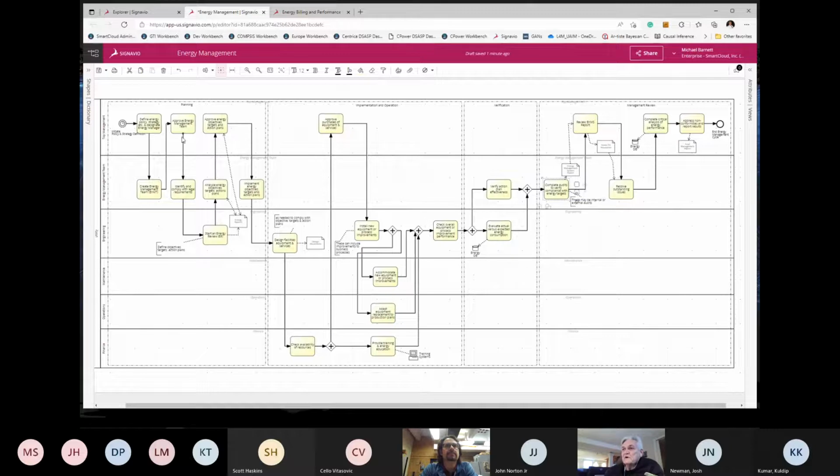This is very similar to what we saw in the CIP business process model, where we had these stage gates at various places where, after the strategy development, there's a creation of a portfolio of projects, which then get implemented.